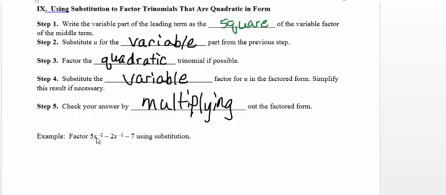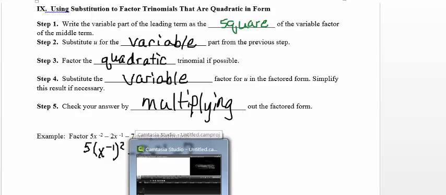So if we want to factor 5x to the negative 2 minus 2x to the negative 1 minus 7, let's do this using substitution. Well, first I want to write x to the negative 2 as x to the negative 1 squared, minus 2x to the negative 1 minus 7.